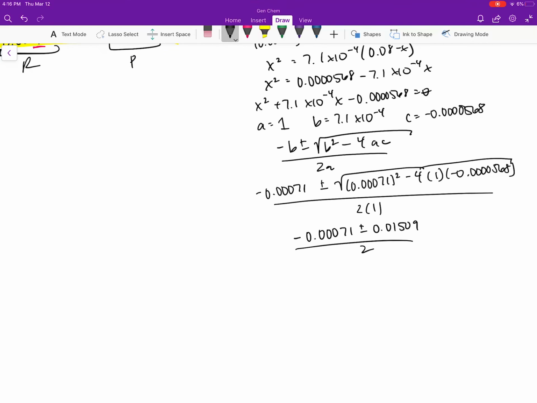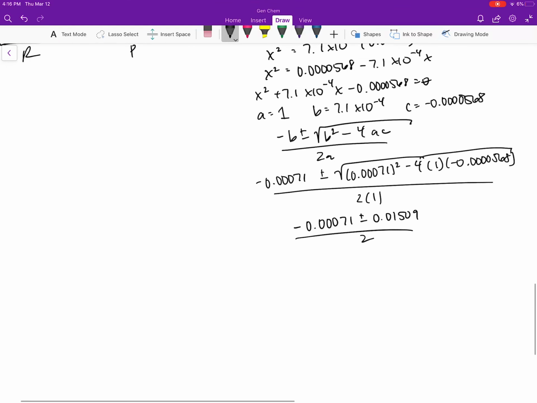So once we solve for everything under the square root, we should get 0.01509. And now we have two options. I'm either going to subtract or add the two values together, and that will be my x value, and only one of them can be right.